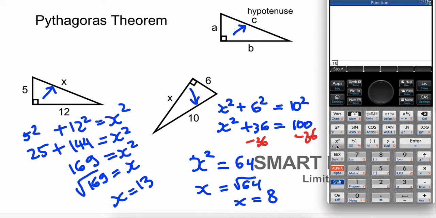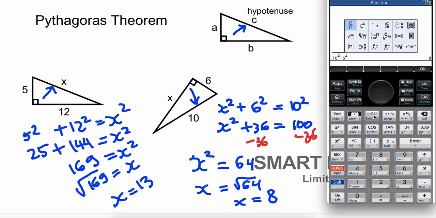So for instance, here, the squared symbol is there, and subtract by 6 squared, and then I just press enter, and then you get the answer right away. So it's a very handy button, this one, for all kinds of mathematics symbols. All right, so let's go to the next slide.